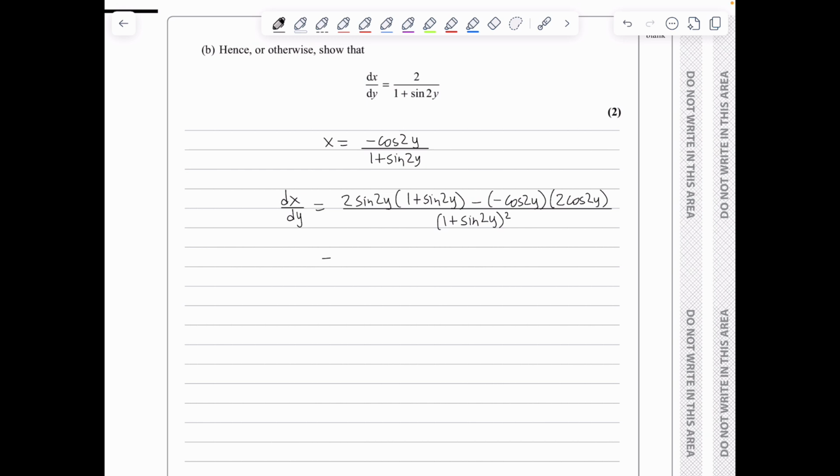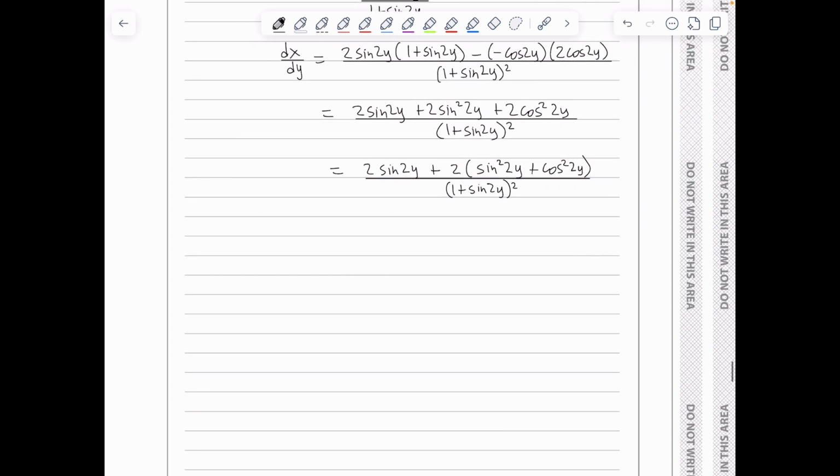So if we expand the numerator, we get 2 sine 2y plus 2 sine squared 2y plus 2 cos squared 2y, and all of it over 1 plus sine 2y squared. So in the numerator, I can group together the sine squared plus cos squared terms, so 2 brackets sine squared 2y plus cos squared 2y, close brackets, over the denominator of 1 plus sine 2y all squared.